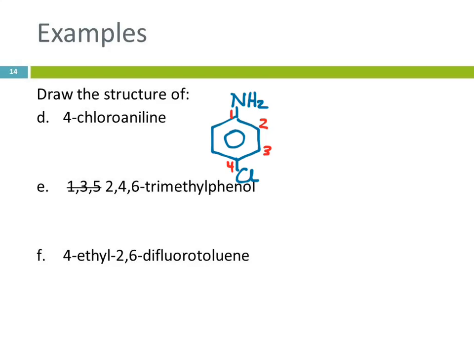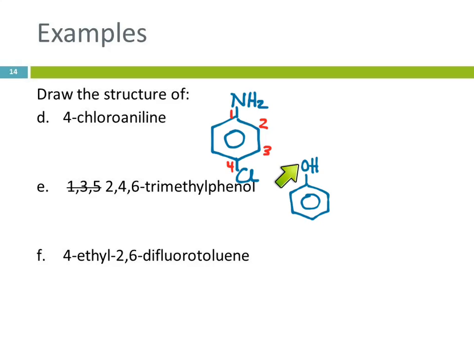Now, I pulled these out of your book. They were asking us to draw the structure of 1,3,5-trimethylphenol. And I double-checked on that, and that's a mistake. It should be 2,4,6-trimethylphenol. Because here's phenol. And what position does the hydroxy group have to have?